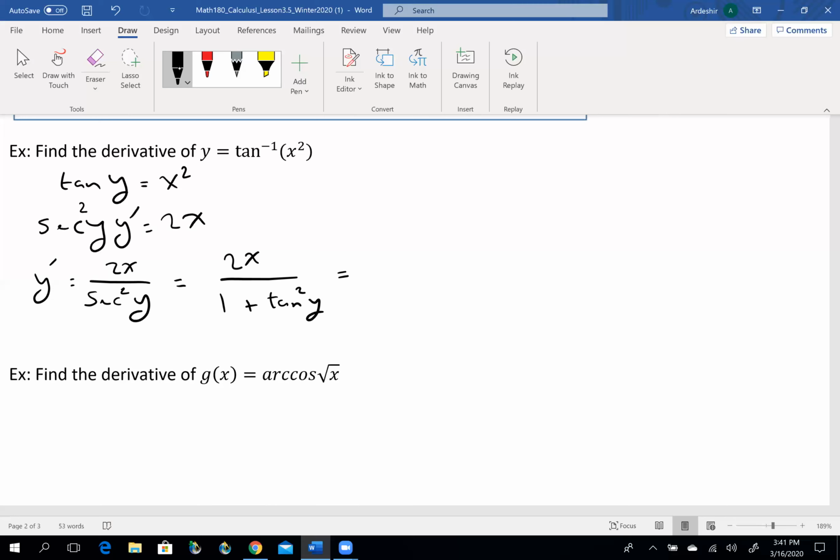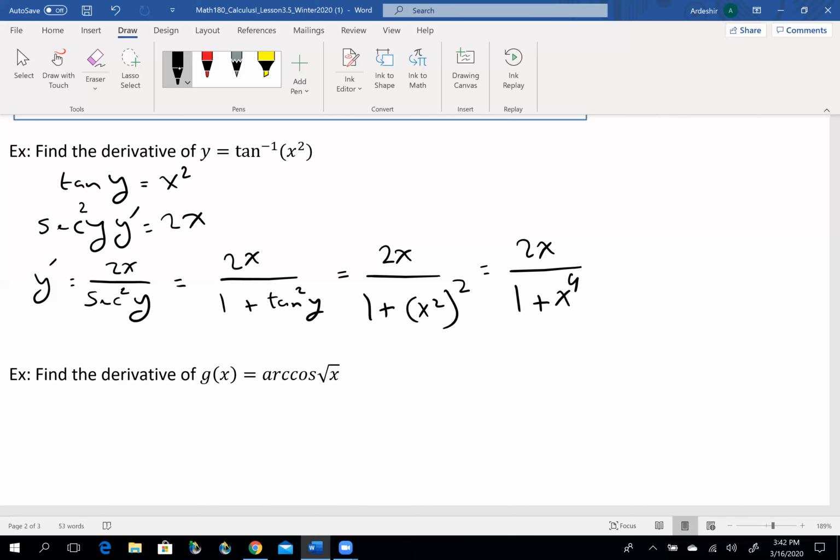Since tangent of y is x squared, whatever tangent of y is, we have to square it. So the final answer is 2x over 1 plus x squared squared, and 2 times 2 is 4, so x to the power of 4. So the derivative of y equals tangent inverse of x squared is 2x over 1 plus x to the 4.